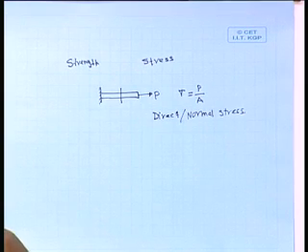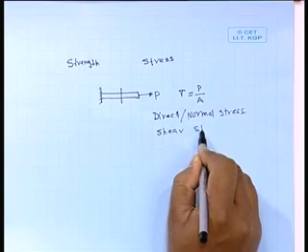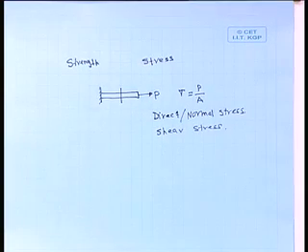Now, there is another type of stress, we say it is shear stress. At this level I am trying to take examples where the problems are very simple. Later on we can combine all these individual parts to get a much more complete stress picture. Definitely that will be a much more complex or difficult stress situation.